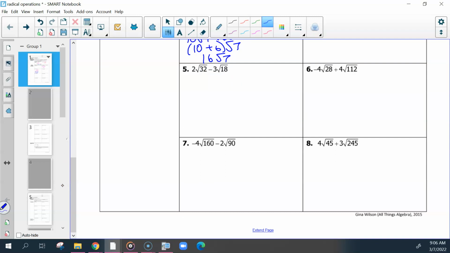Number 6. Here we would need to simplify both of them. What is the highest perfect square we can divide out of 28?